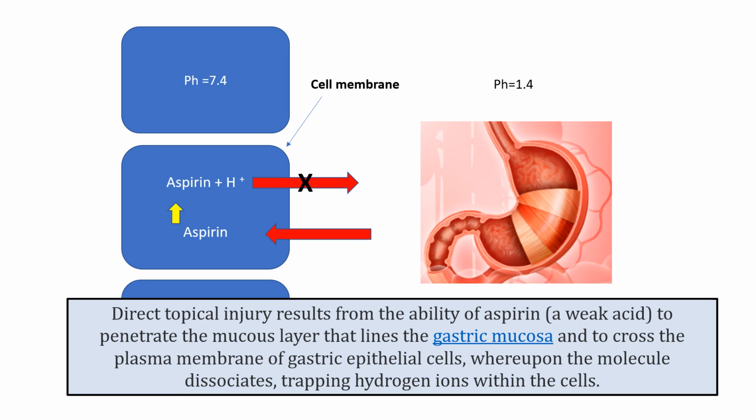Within the epithelial cells, the aspirin dissociates, trapping hydrogen ions within the cells, and this leads to toxicity. This is one of the mechanisms of aspirin-induced ulcer. So the aspirin will stay within the epithelial cells and cause ulcers.